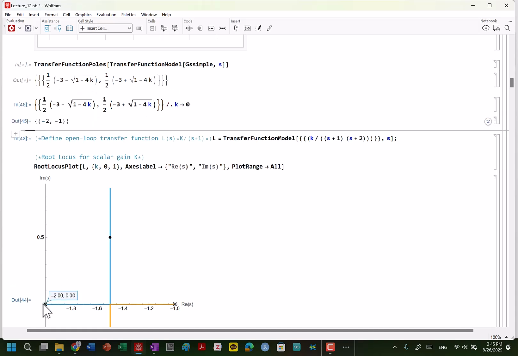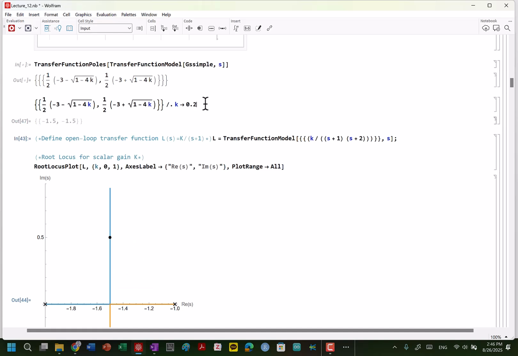So we're sitting initially at -2 and -1, and everything makes sense. As we start to increase K to 0.1, those values start to move in. As K increases, the -2 goes in and the -1 moves over, and at that magic number of 0.25, they converge at -1.5.